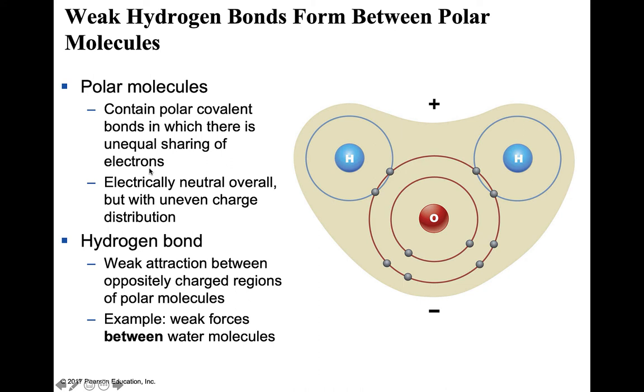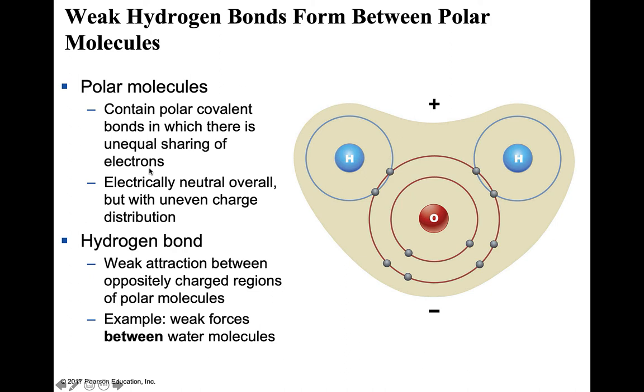So let's take a deeper dive into what these attractive forces are. When we look at polar molecules, remember, these are molecules formed through polar covalent bonds and the unequal sharing of electrons. What that means is that one side of that molecule is negatively charged. Now, what if it happens to be near another polar molecule?